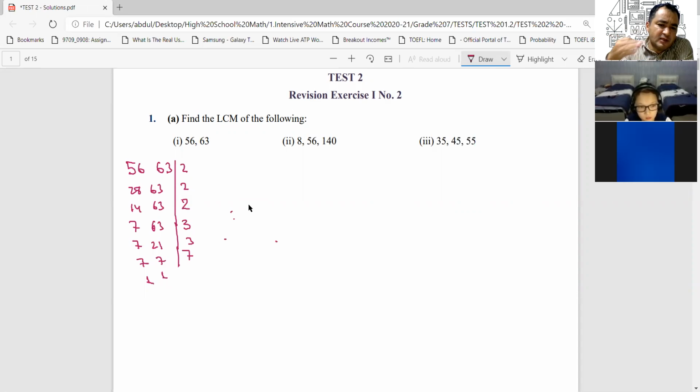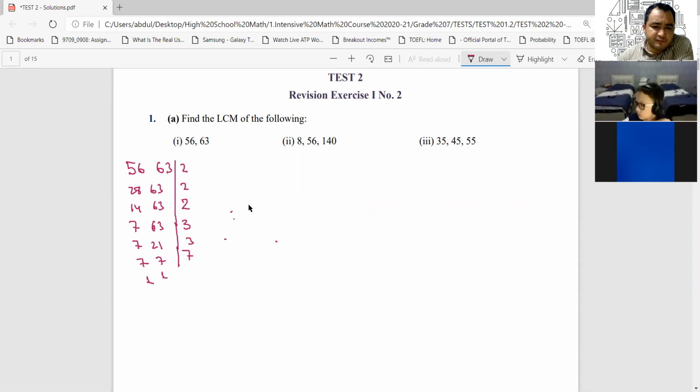So now we start dividing by 3 until they do not have a factor of 3. Then after 3, what is 5? 5 is not their divisor. The next prime number is 7. From the smallest to the largest, in increasing order, we have to divide by prime numbers.